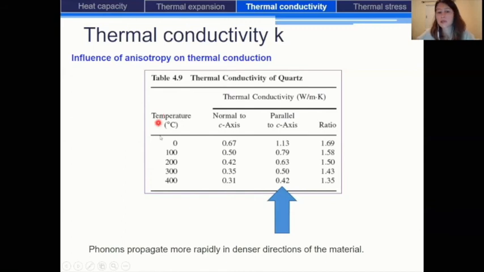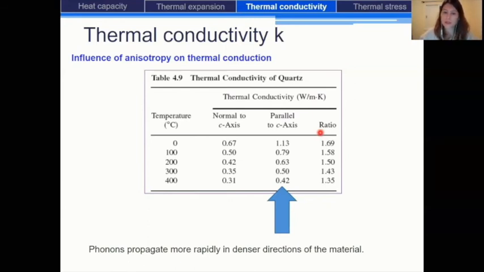By increasing the temperature from 0 to 400 degrees C, the thermal conductivity has been measured, and you can see that the ratio of this thermal conductivity in the two directions is decreasing.